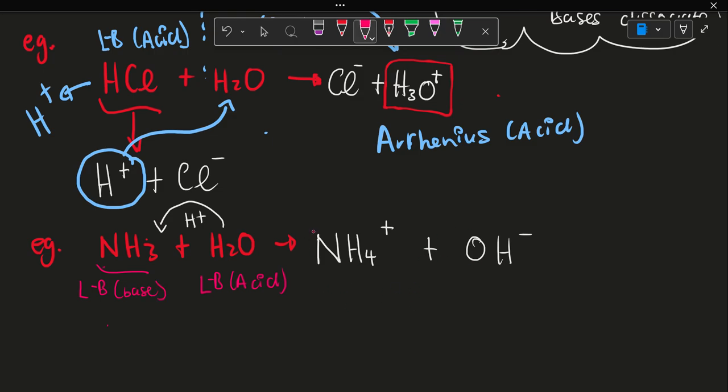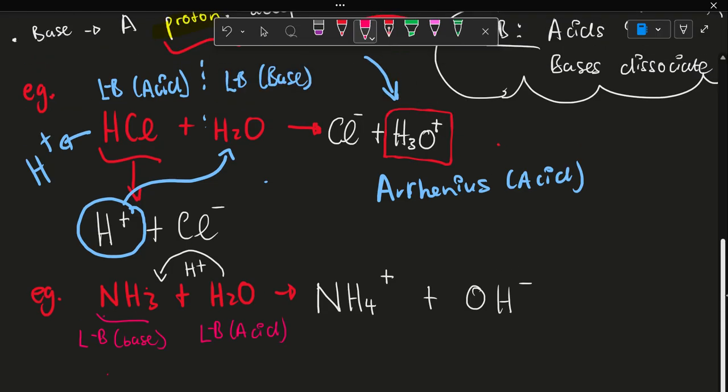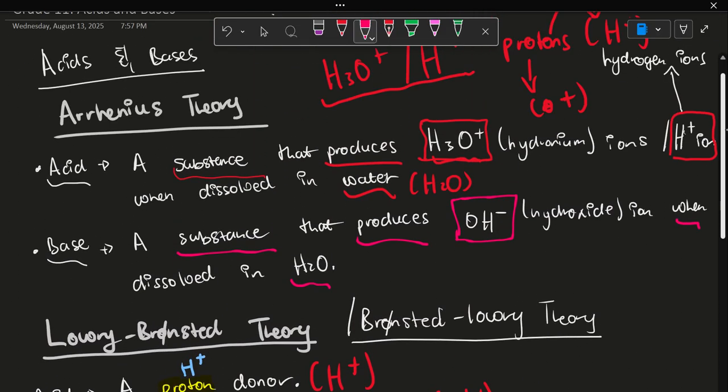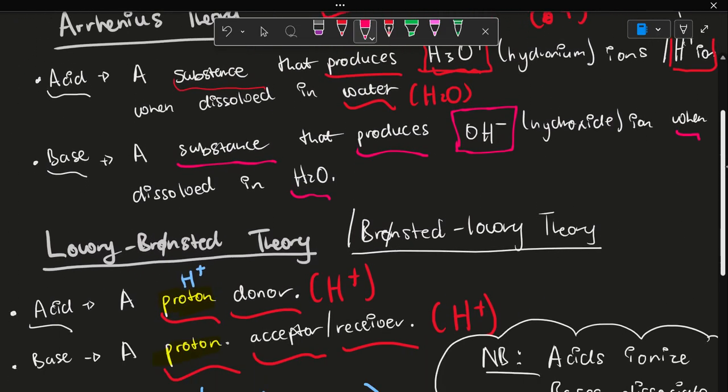We've now spoken about the Lowry-Bronsted acid and base. We've defined a base in terms of the Lowry-Bronsted theory. And when you look at the Arrhenius theory, a base is a substance that produces OH minus ions.